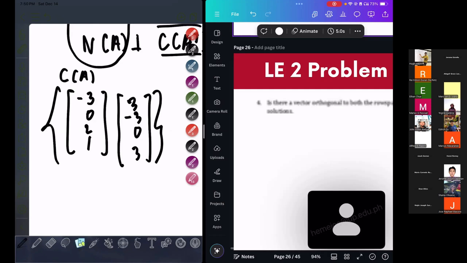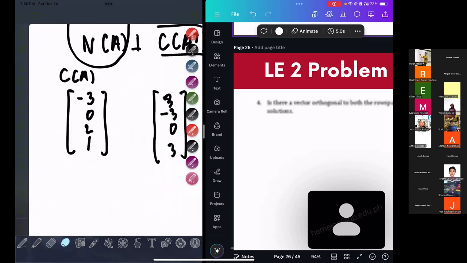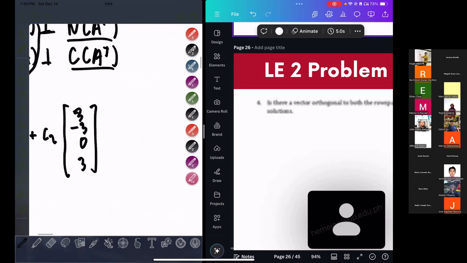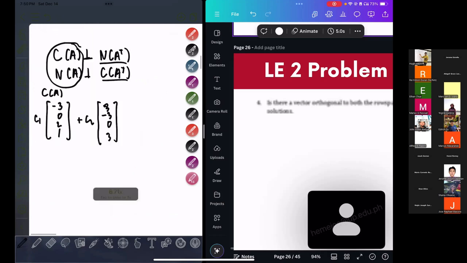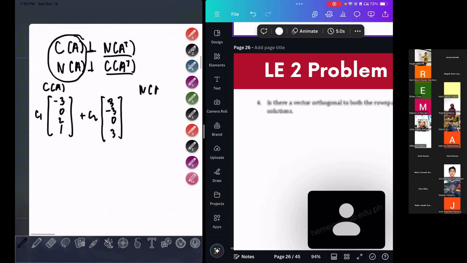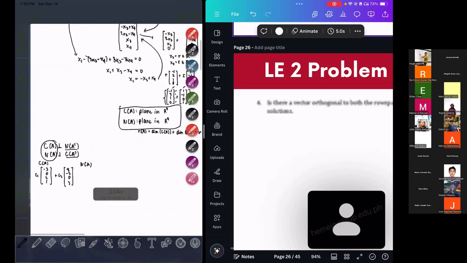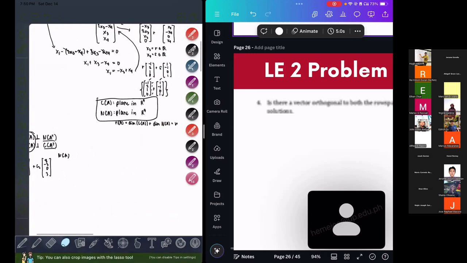Oh, wait. I'll write it na lang in terms of C1 and C2, in terms of linear combinations, I mean. So this is C. We want, yeah, okay. And then the null space naman, as we've established, is just this.